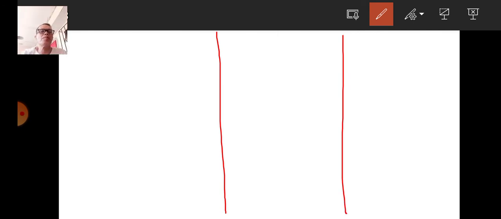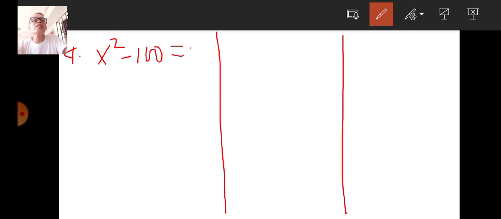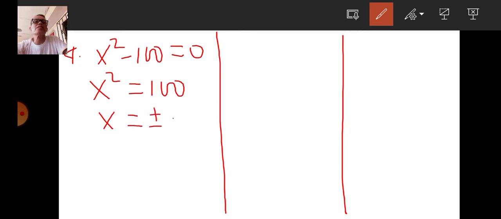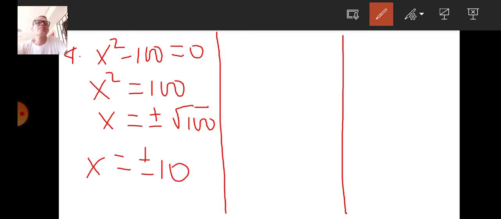Another example, number 4. If we have x squared minus 100 equals 0, you will have x squared equals 100. X equals plus or minus the square root of 100. Then x equals plus or minus 10.